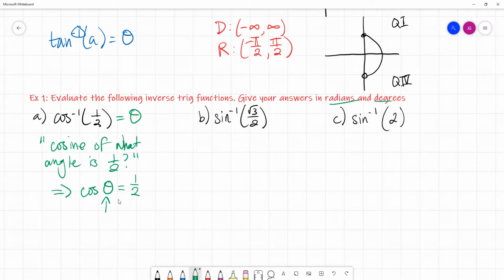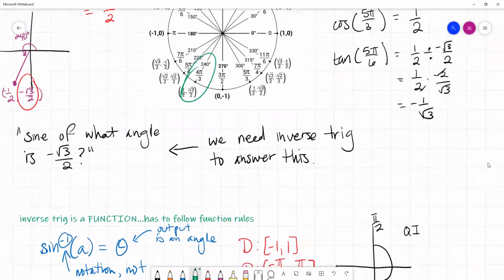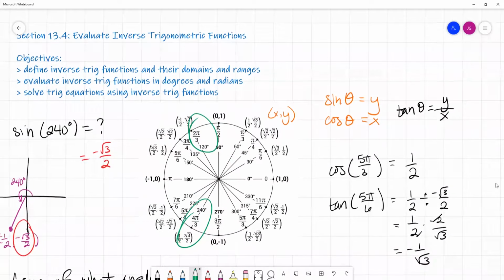So what we need to do is go to our unit circle above, and I'm going to rewrite what we're looking for. Cosine of theta is equal to 1/2. That's what we're looking for in green. I'm going to erase this. Remember, cosine of theta is the x.